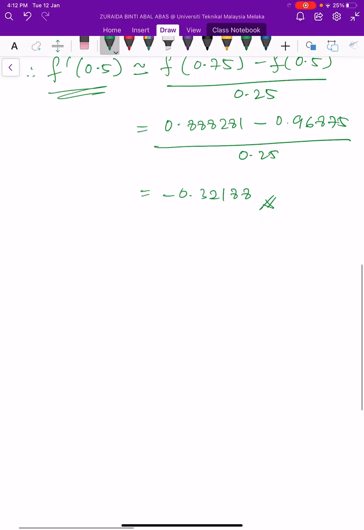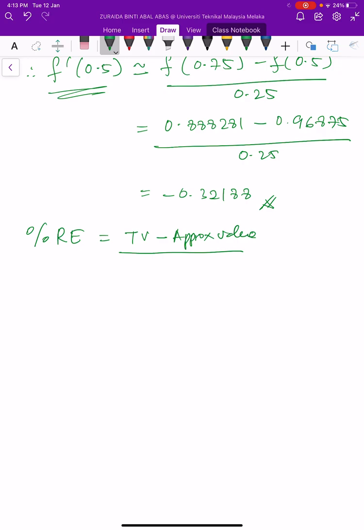Now you need to carry on with the percentage relative error. Plug in the true value minus the approximation value, divided by the true value, times 100%.